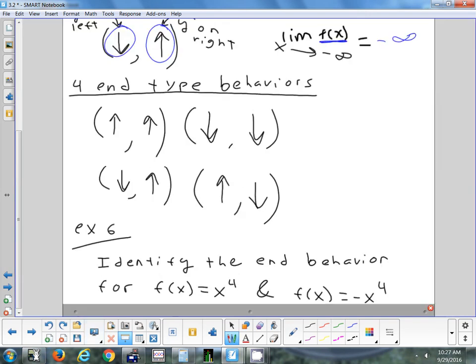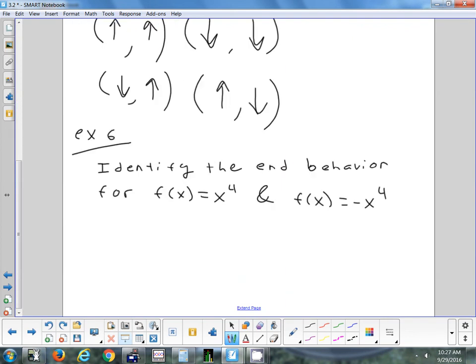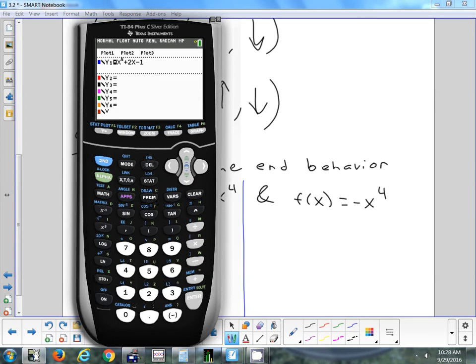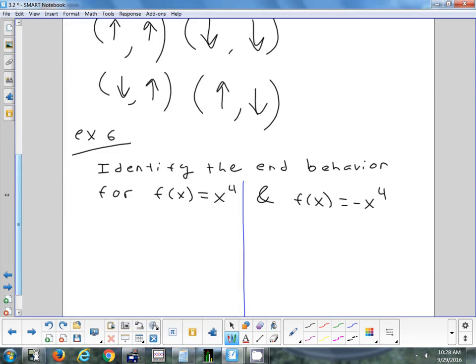So let's look at this one and see if we can describe the end behavior both with limit notation and just using the arrows in parentheses. I'm going to graph y equals x to the 4th. That's my graph on the left.